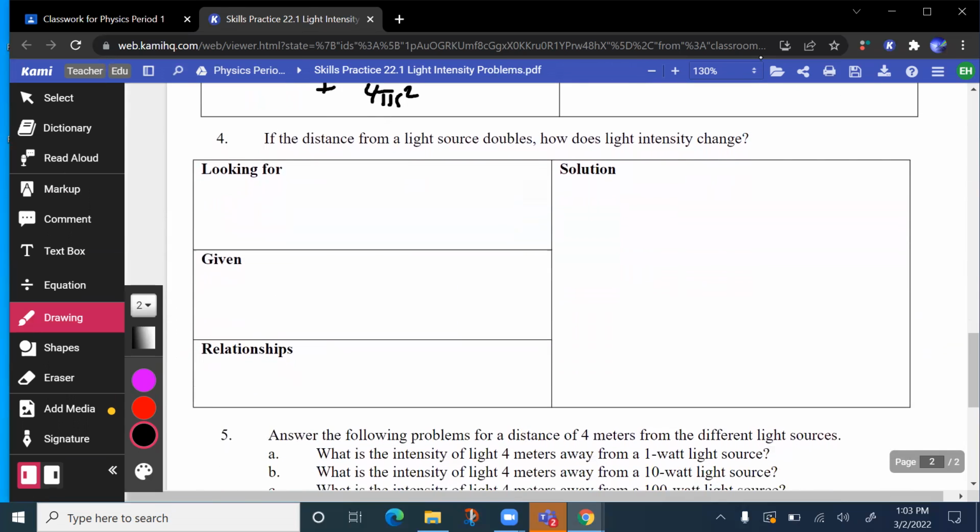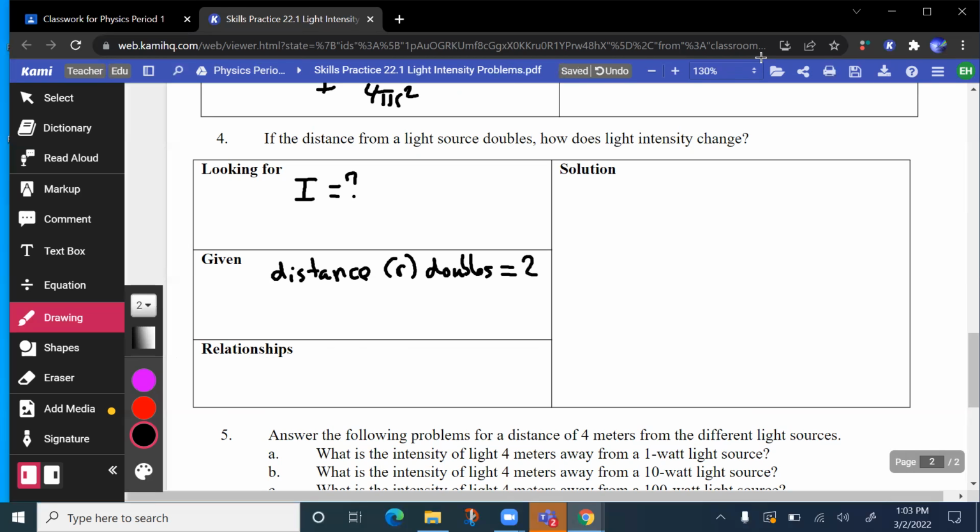Number 4, if the distance from a light source doubles, how does its intensity change? Okay, so we're looking for intensity. We are told that the distance r doubles, which means r is equal to 2.